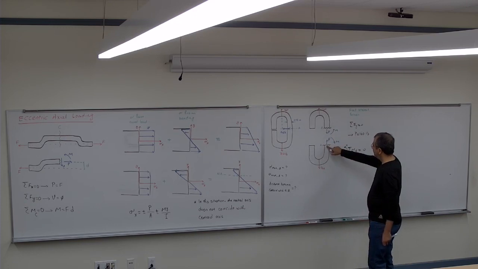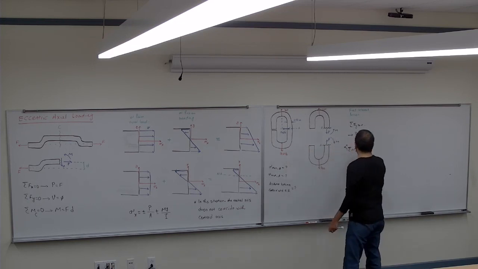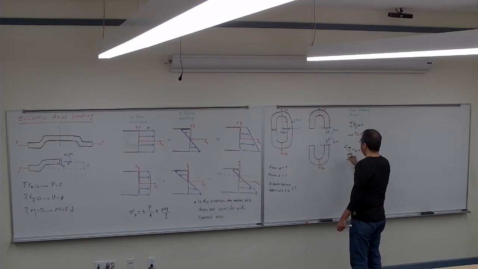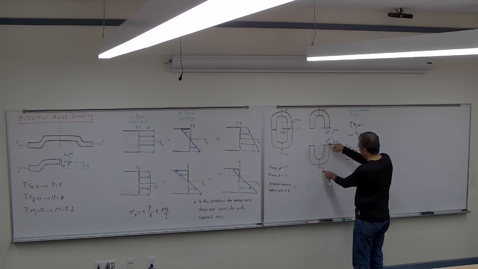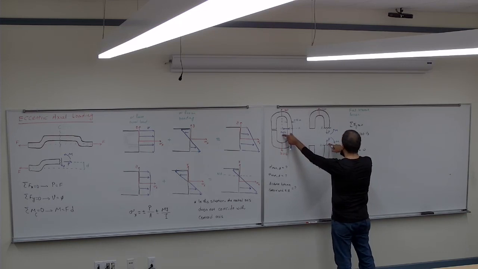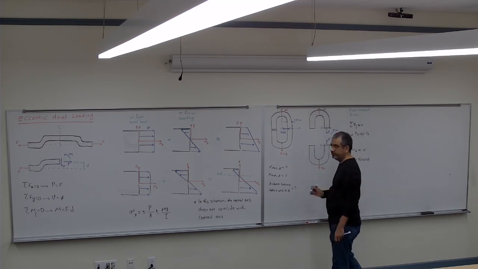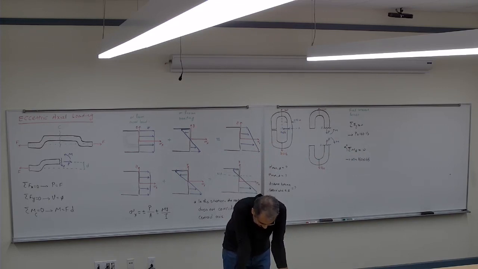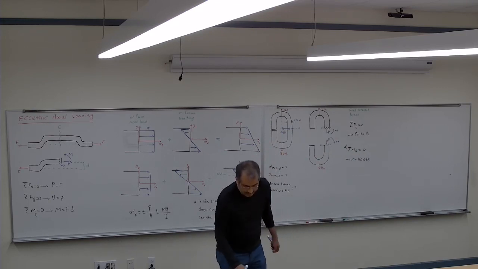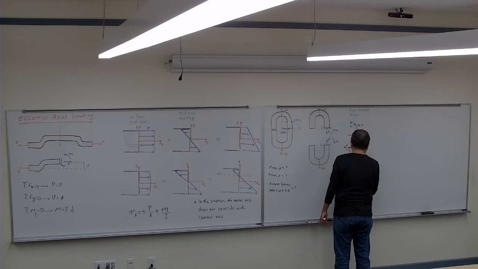For either case, the distance between them is 0.65. So if I get it from here, M is going to be 160 times 0.65, which is 104, so M would be 104 pound inch.